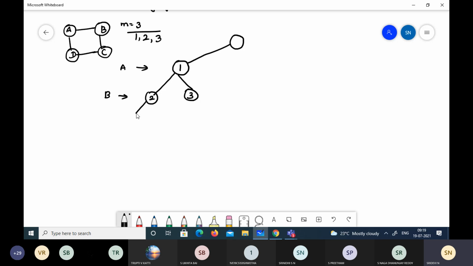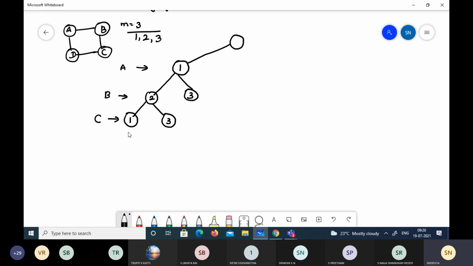Look into the graph and you should tell me. A is 1 and B is 2. Then we can have two colors for C, isn't it? So it can have 1 or 3, right? 1 or 3.